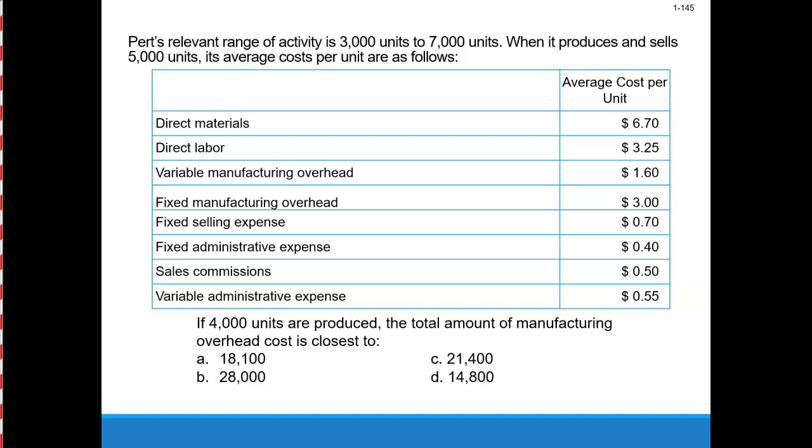If 4,000 units are produced, the total amount of manufacturing overhead is closest to, what do y'all think?